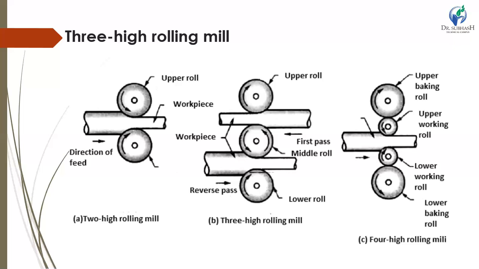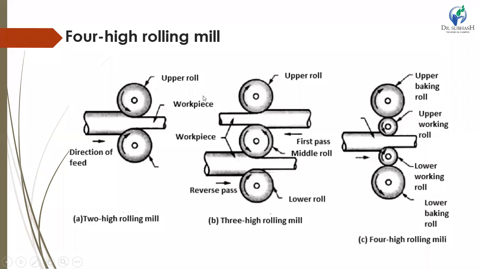This results in a higher production rate than a two-high rolling mill, so it is always preferred for high productivity. Three-high rolling mill is generally used for it.